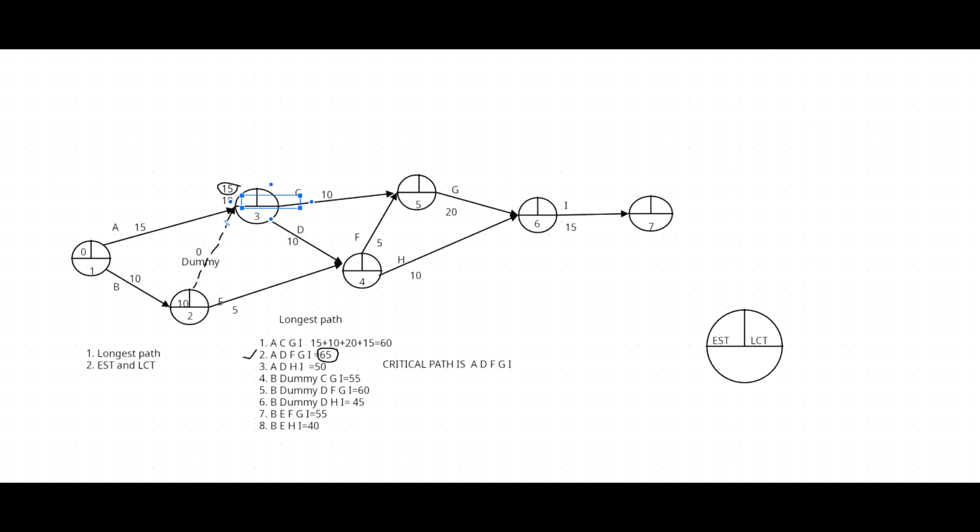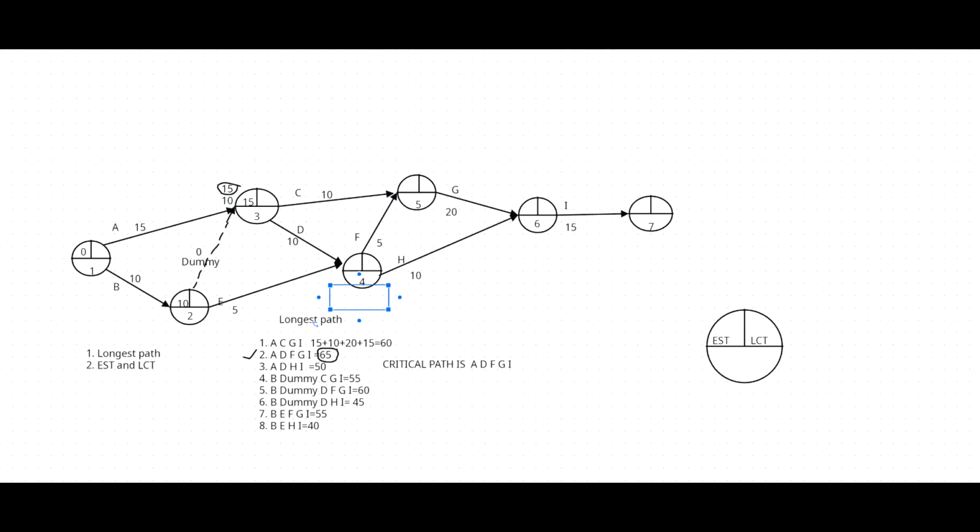If you go to event number 4, 15 plus D 10, one value is 25. Actually, it's not necessary to write down all the values like this, but the very first time I explain in detail. And via C, the value is 10 plus 5, 15, from the second event.